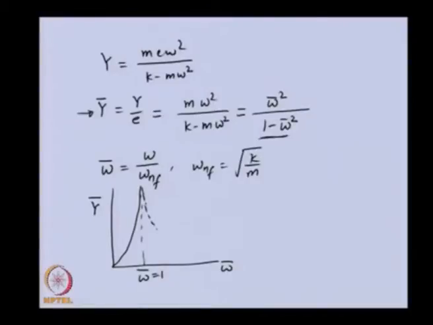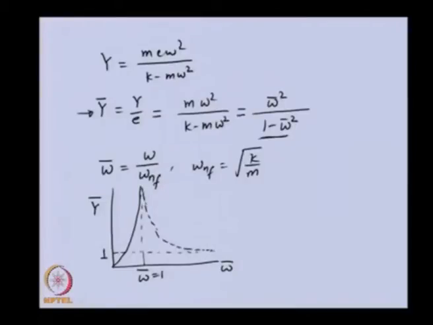And if we increase frequency further, this will go asymptotically to the value 1. So, this amplitude ratio will be 1.